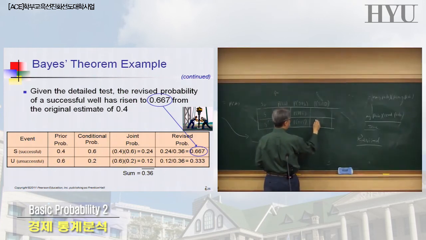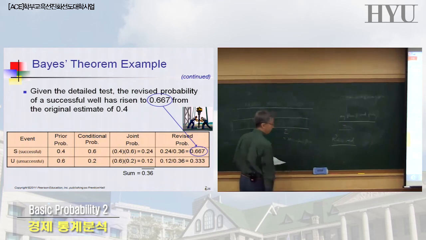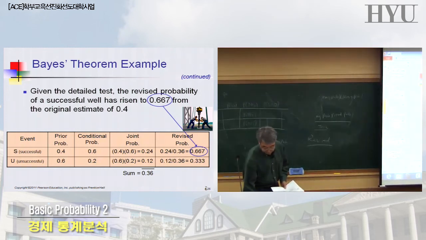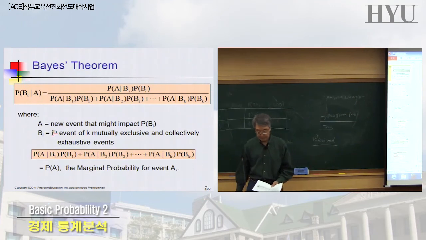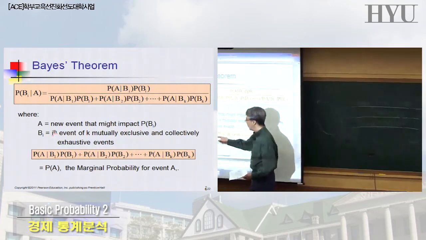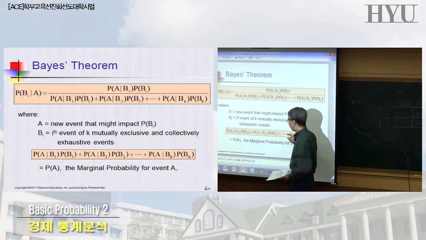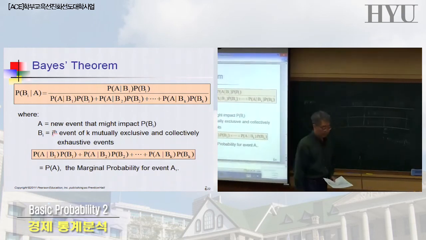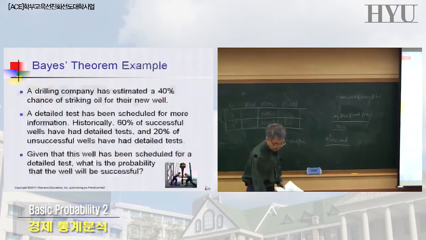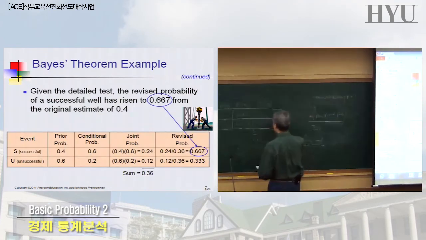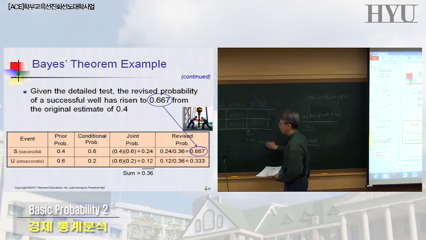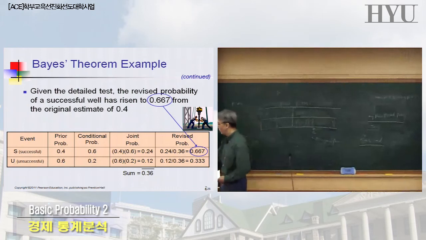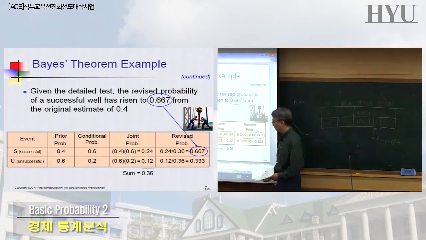You have to add them up, the summation of all this, and that would be the marginal probability. These are all joint probabilities, so when you add up joint probabilities, you come up with the marginal probability. You add this and this, 0.24 and 0.12, so the marginal probability is 0.36.